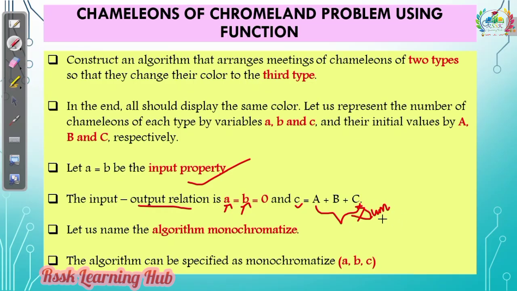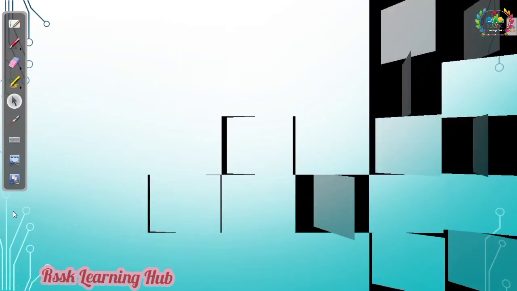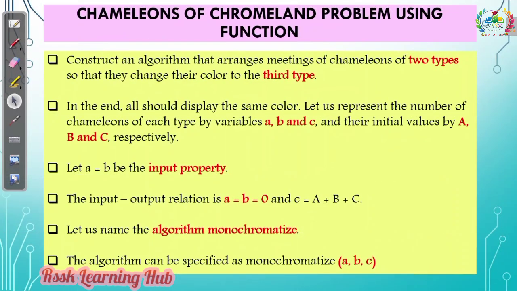Now we are going to name your algorithm monochromatize. The algorithm can be specified as monochromatize of A, B and C. Why are we giving this? Because you are going to take three values. So for that we are giving A, B and C. Now moving to your slide.